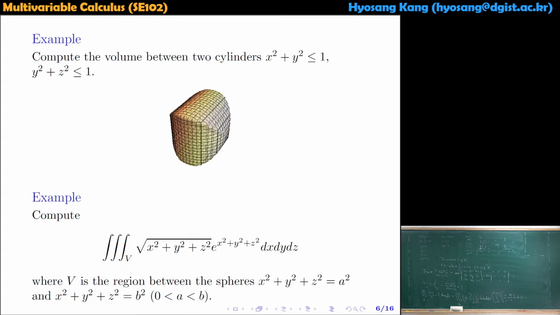I'm going to introduce another useful transformation in 3-dimensional space, which is called the cylindrical coordinates, as follows.